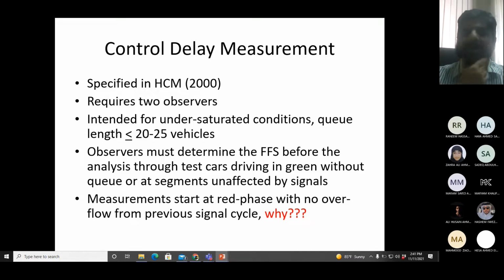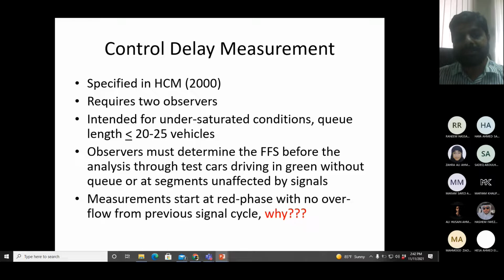To know whether we have undersaturated or oversaturated conditions, first of all, you will look at how many cars are stopped, not whether the cars are stopped or not. How many cars are stopped because of the signal? If that number is less than 20, then we consider it to be undersaturated. The cars which are stopped in the queue on a signal, if they are less than 20, you can consider it to be undersaturated.